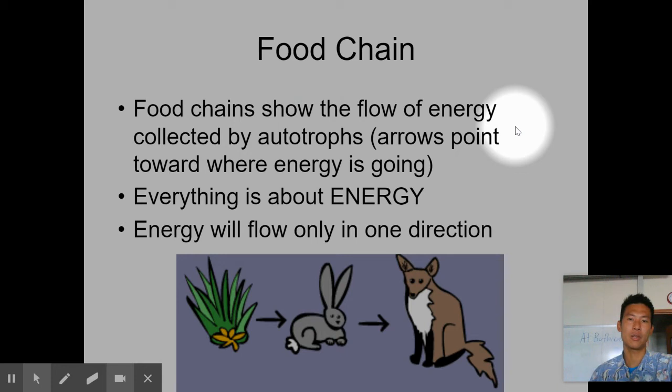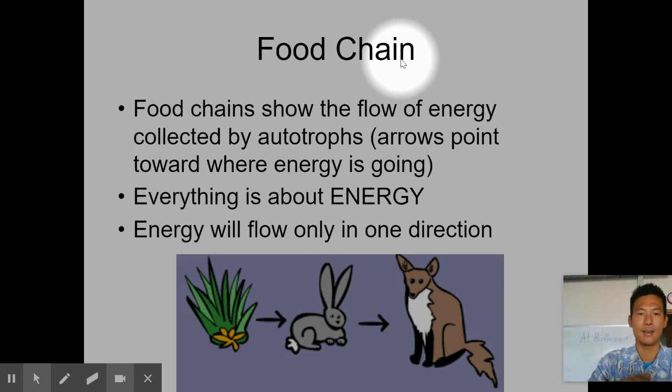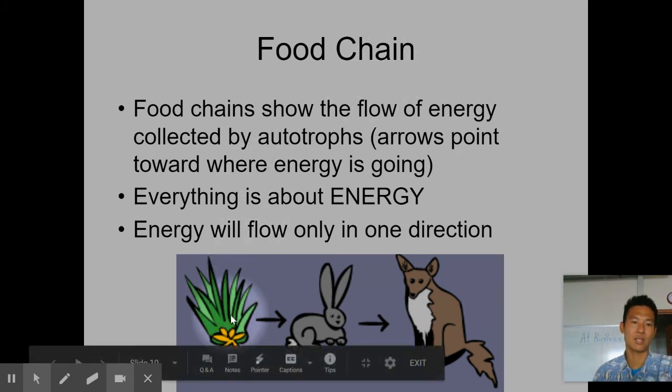Okay, onto the food chain. Remember, this is a chain of energy flow. You have to understand that. It is not a chain of what eats what. A food chain and a food web show the flow of energy. For example, here I've got the grass.